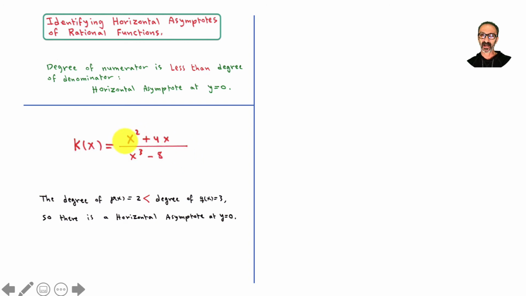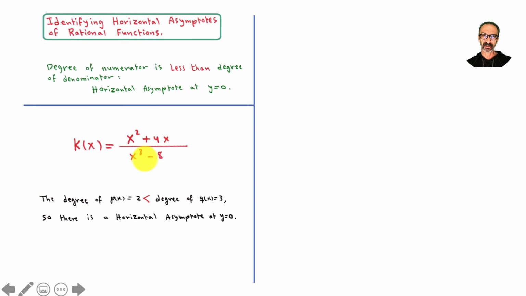As you plug in 1,000 and 10,000 and a million and a billion, this is a second degree. This is a third degree. This is going to take off. It's going to grow so fast compared to this. And that's why the value for the whole fraction goes down to 0. Think about it.